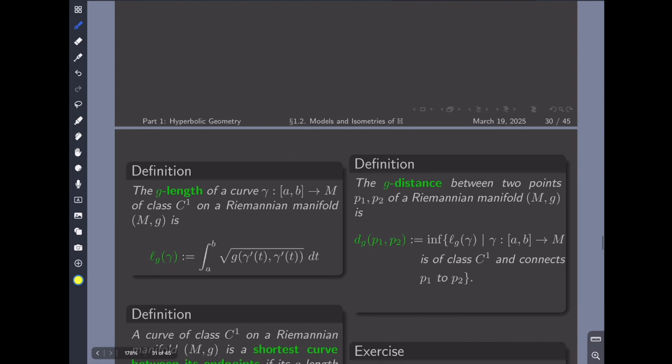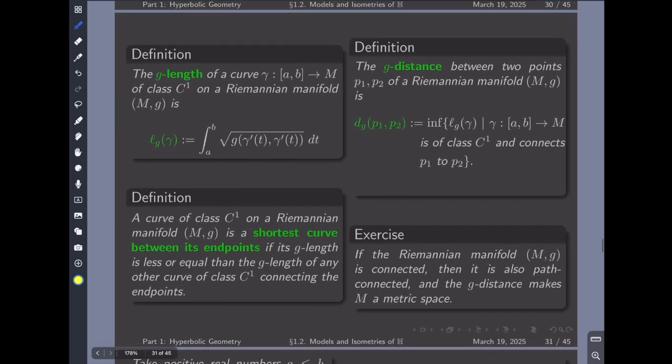The upshot is that in U the shortest curves are going to be both the vertical line segments contained in U and segments of circles contained in U, orthogonal to R bar.